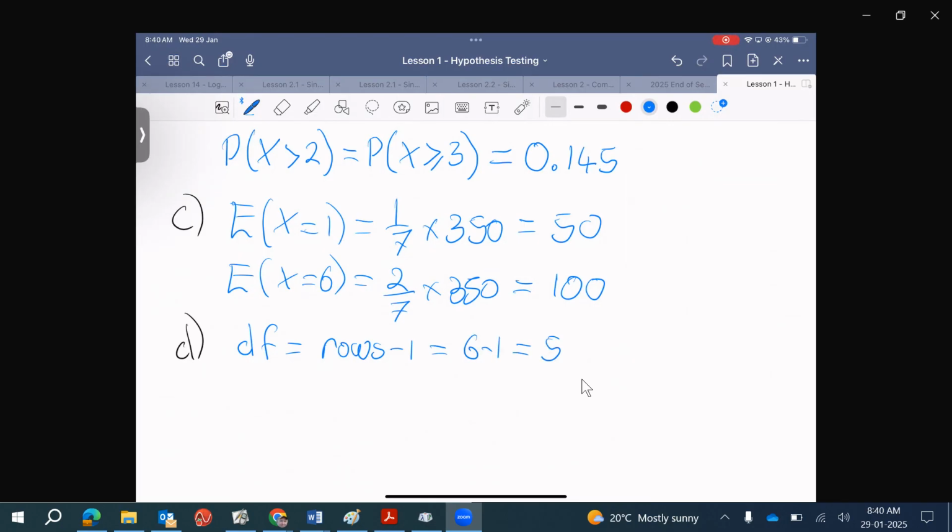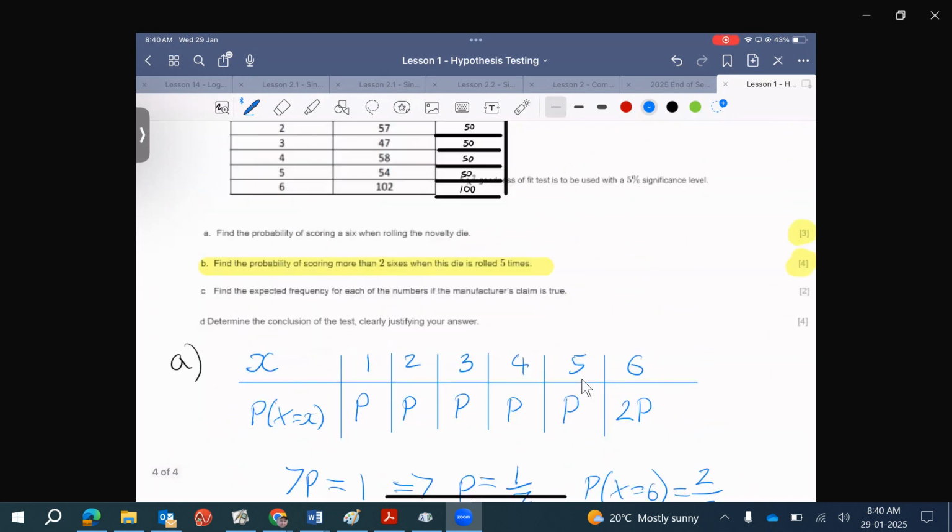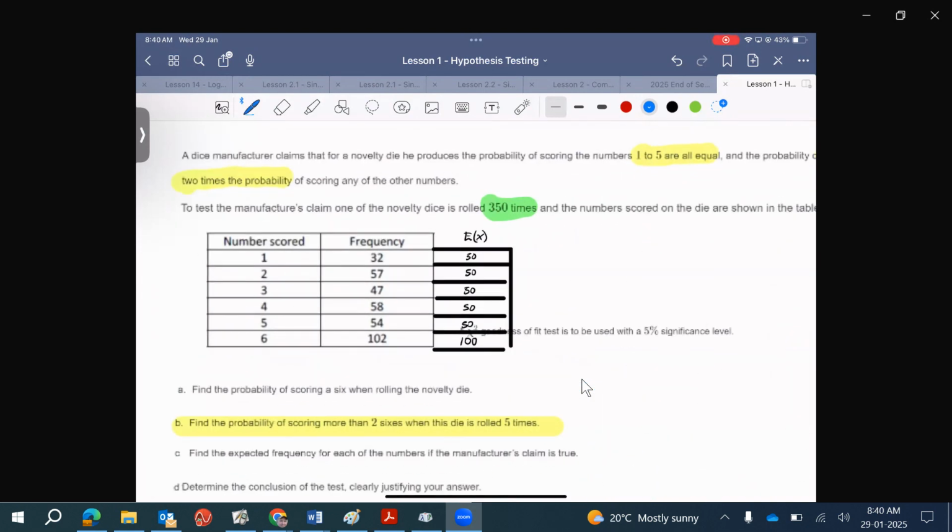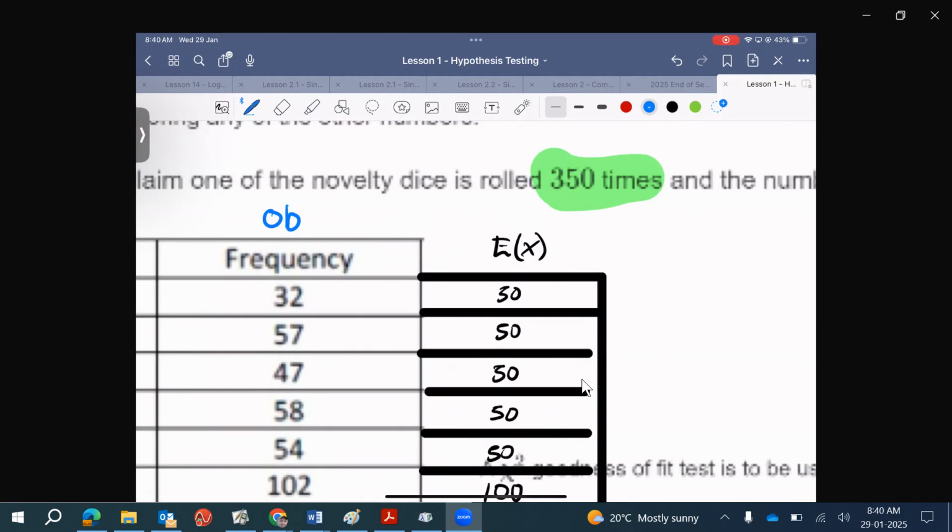And typing into the calculator, we get our p-value. So we enter this into the calculator. This is our observed values.